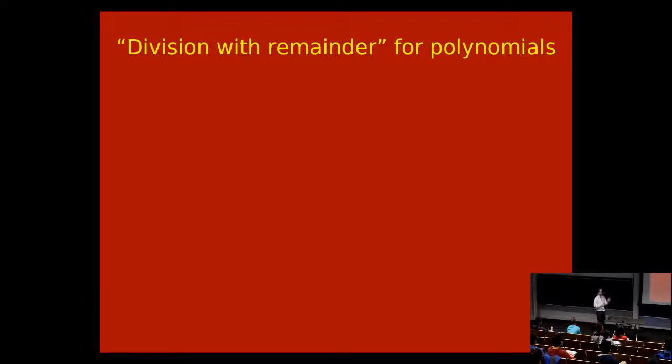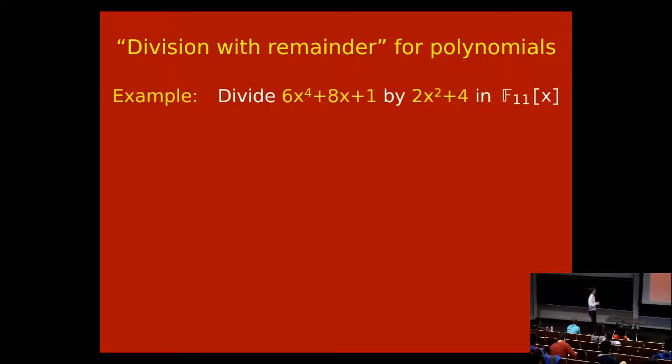So here's an example. Again, to actually follow this example, you have to remember how to do long division of numbers, like in grade school, which is a little tricky. So suppose this is my favorite example field, F11. We're going to have these two polynomials, thinking of them as polynomials with coefficients mod 11.